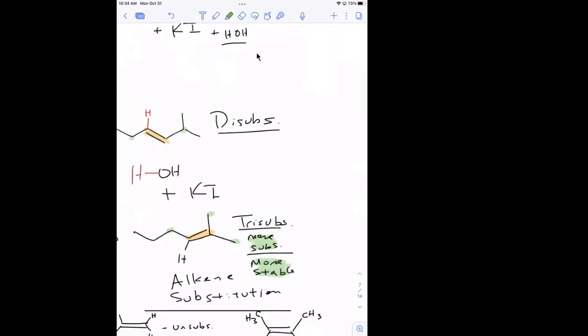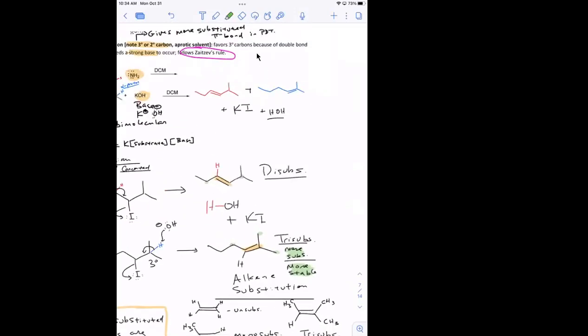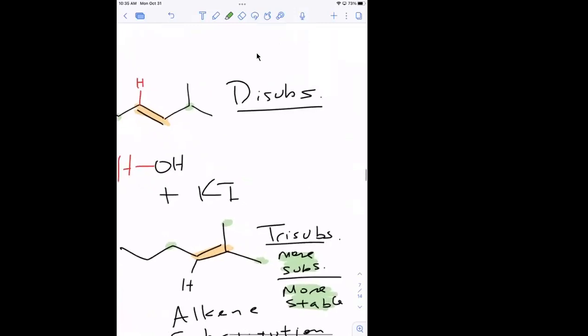Right, so according to what we call Zaitsev's rule, the elimination, the major product is always going to be the more substituted alkene. If I had to attach percentages, let's just say this is 75 or 25.